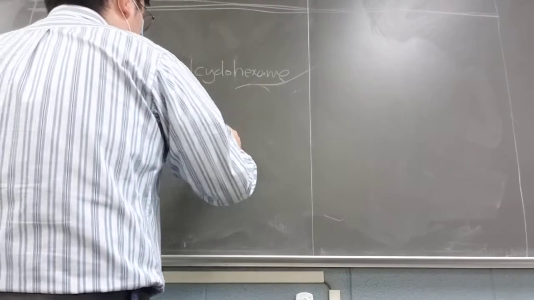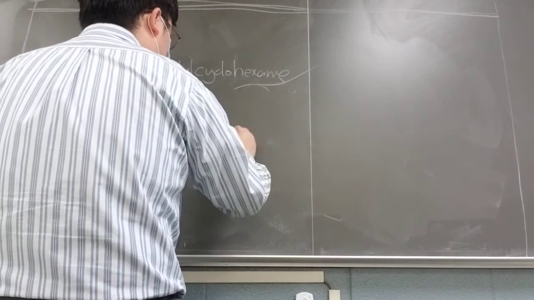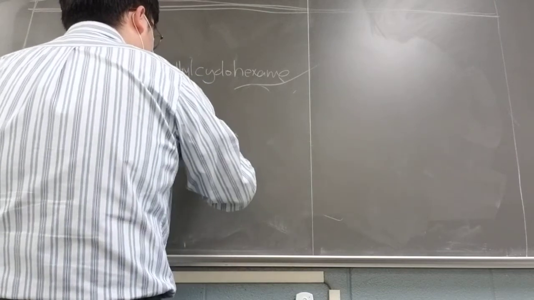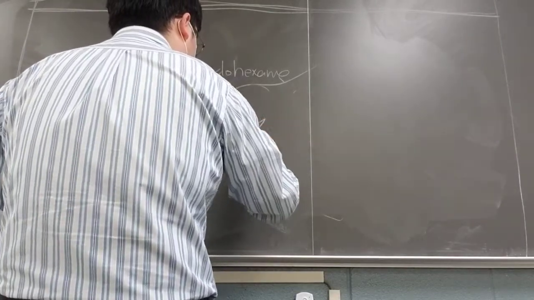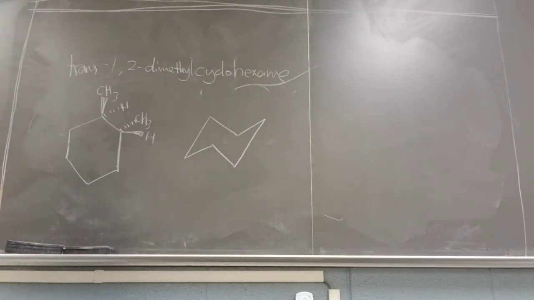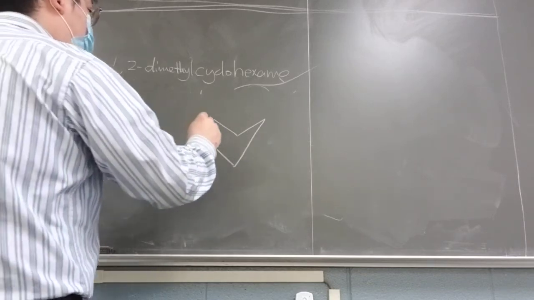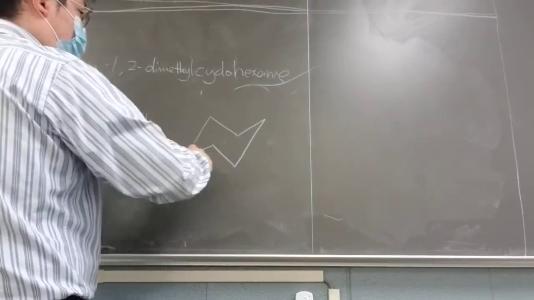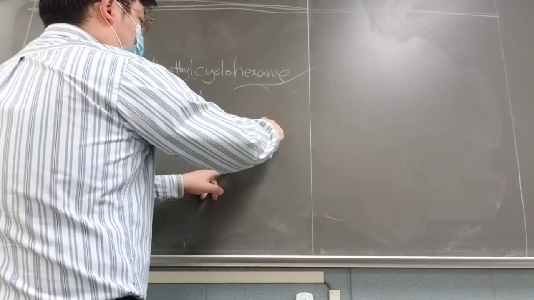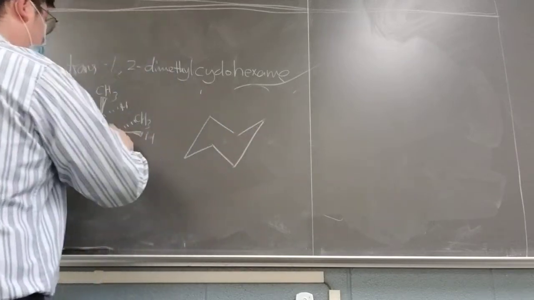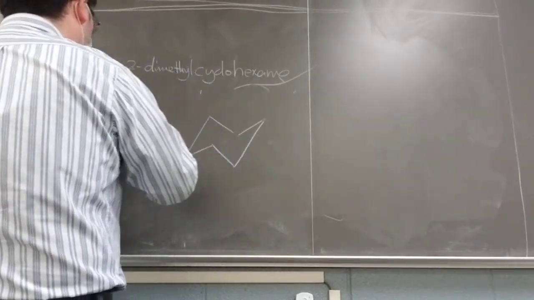So let's try to do the ring conformation again. So if you do this one here, maybe I can do the same. So maybe I'm gonna put these two on these two over here. Same. Let's make it the same to make it easier to compare.